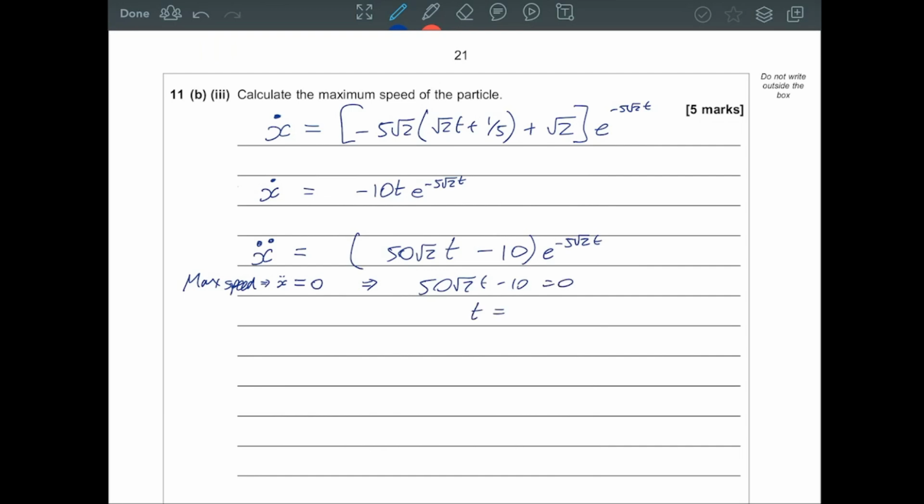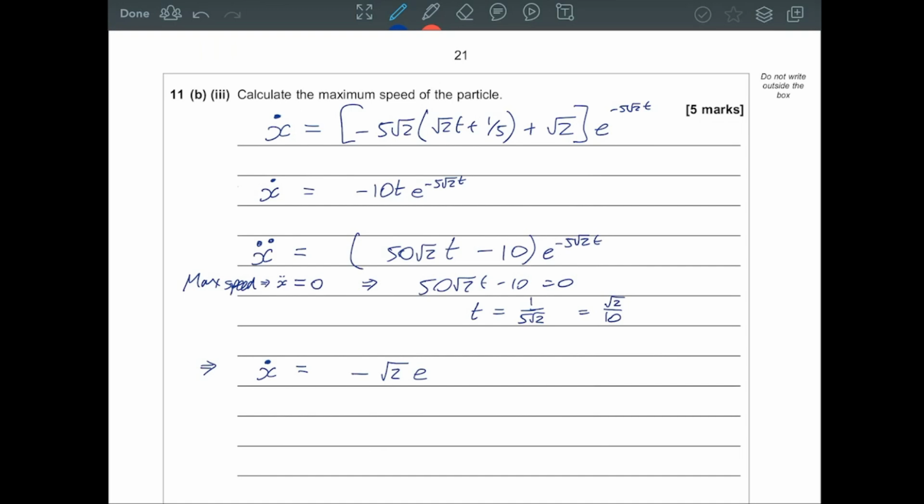So t is 1 over 5 root 2, or root 2 over 10. So x dot, the maximum speed, is when I sub that in. It is going to be negative, but then we did expect that. If it's traveling up the slope, down the slope was positive. So this is going to be negative root 2. The 10s cancel. E to the power of 5.